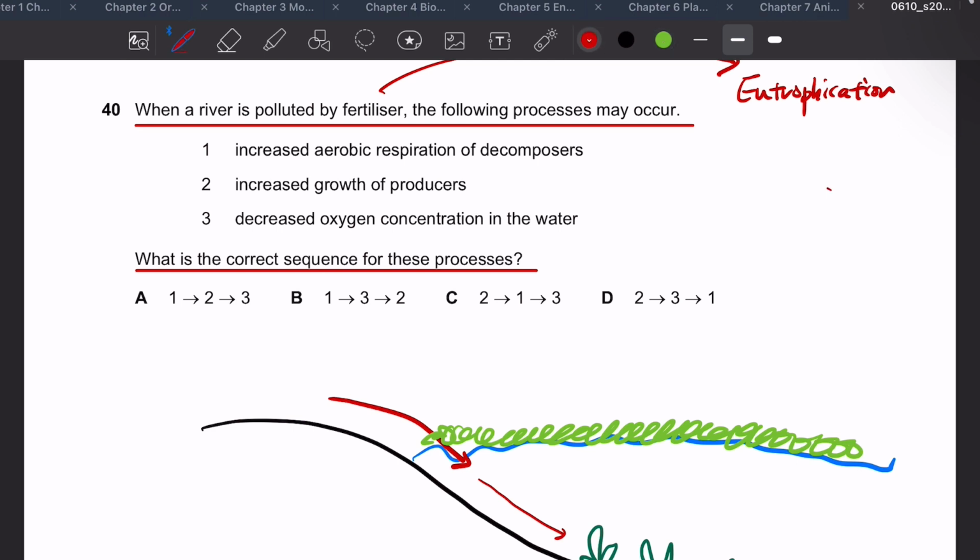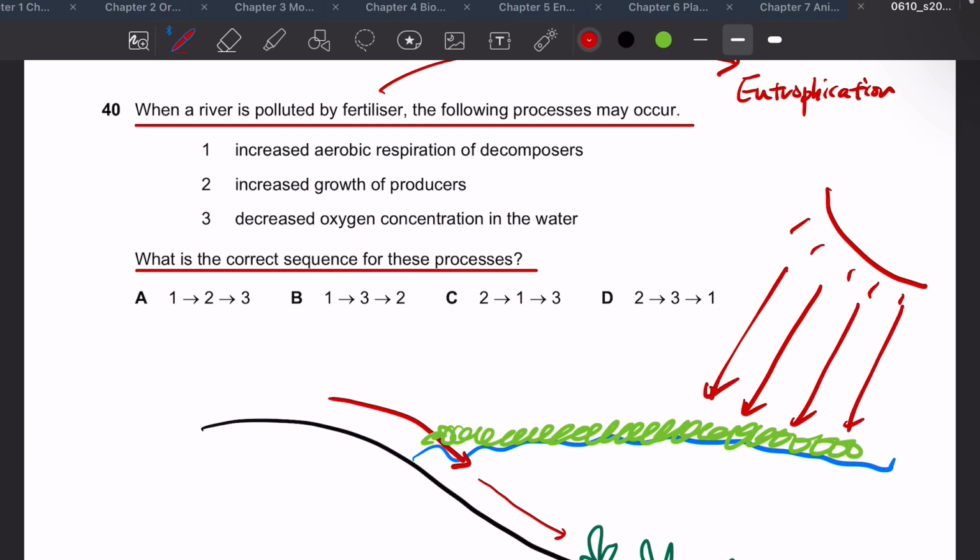And it's going to eventually block the sunlight that's entering the water. Since these plants cannot absorb light energy, they can't photosynthesize, and they'll die.